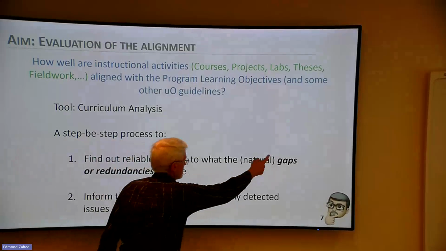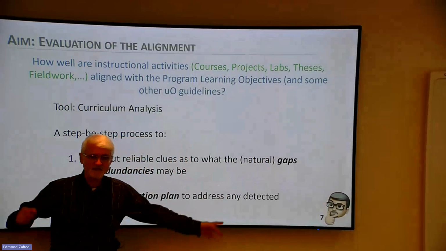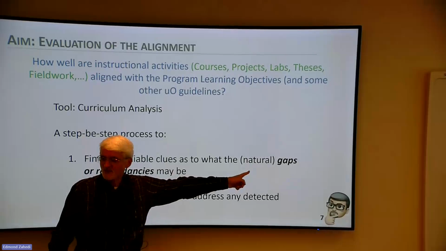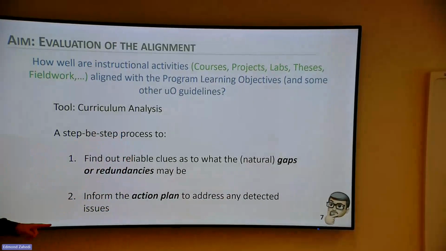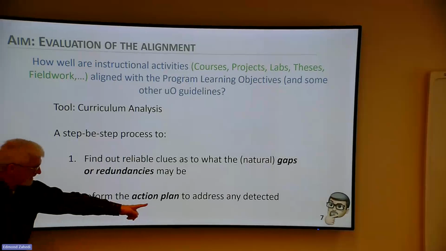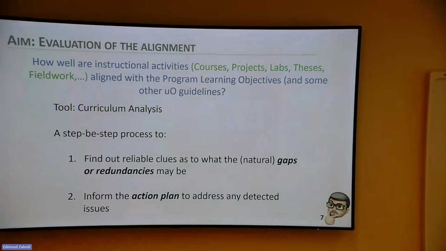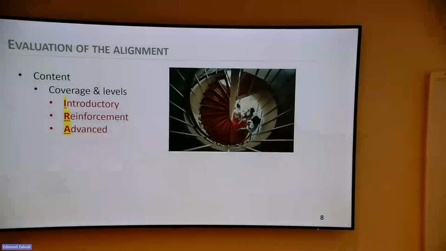We say natural because we just revised the PLOs, you remember the timeline? So it's completely natural that you see gaps and redundancies, okay? And inform the action plan, that is one important section of the evaluation report that the external evaluators read carefully.